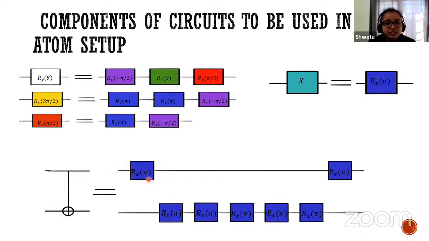What we can do is apply 7 pi pulses in a manner such that we achieve the desired result for the CNOT gate. First there will be a pi pulse applied as an x-axis rotation, followed by 5 pulses on the target atom, and again a pi pulse applied on the control atom. So these are some building blocks which we will be considering in the construction of our main circuit.